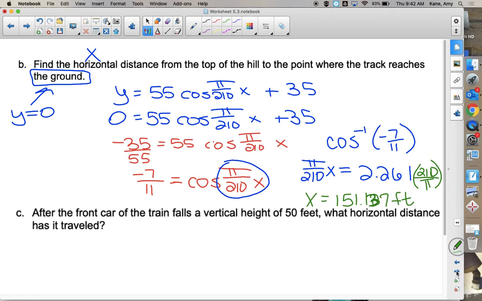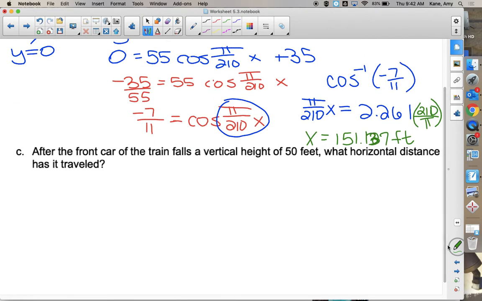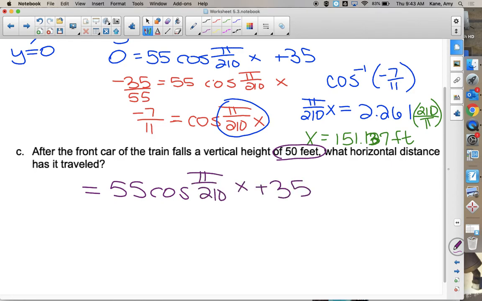And then the last question says, after the front of the car falls a vertical height of 50 feet, what horizontal distance has it traveled? So if it falls a vertical height of 50 feet, now we want to know what horizontal distance has it traveled.